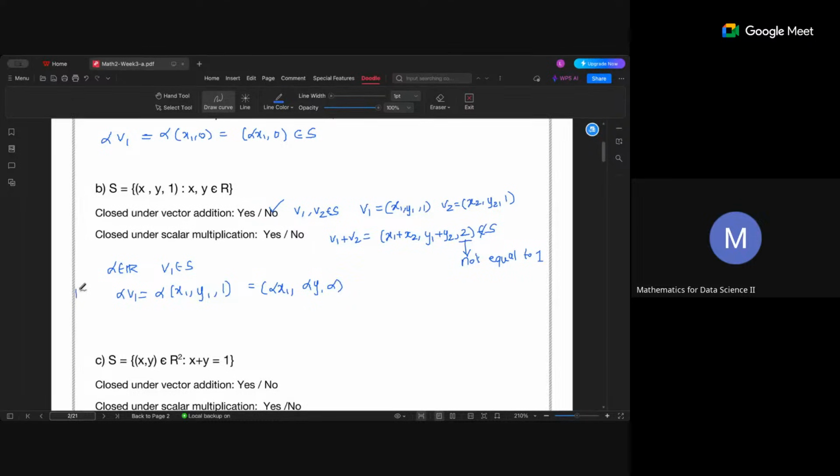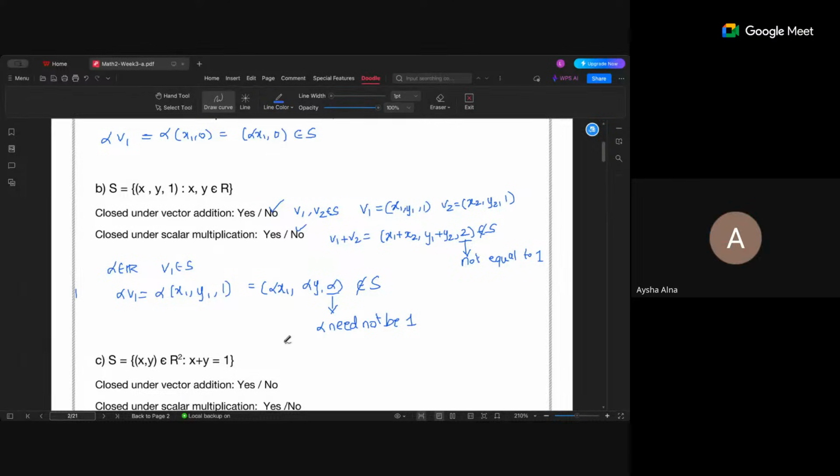So if alpha is not equal to 1, will this be in S? So this alpha need not be 1, right? So in that case, this also need not be in S. So we can say that this is not closed under scalar multiplication as well. Is that fine?